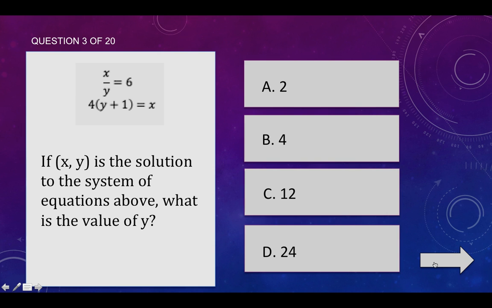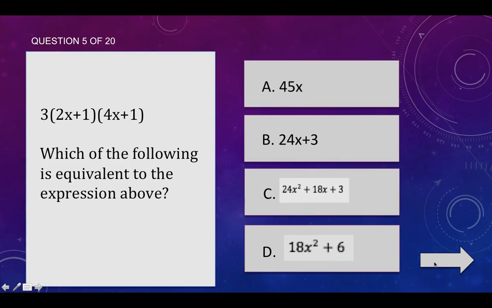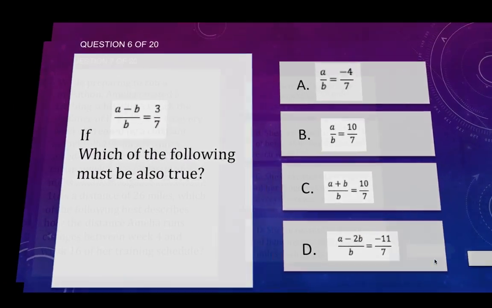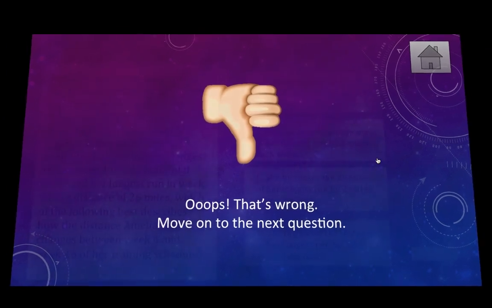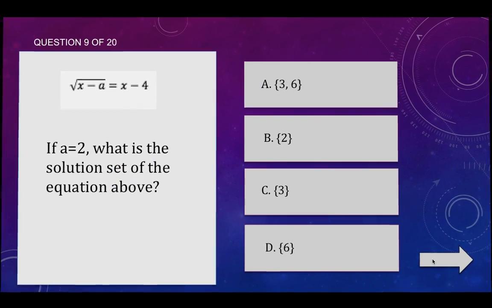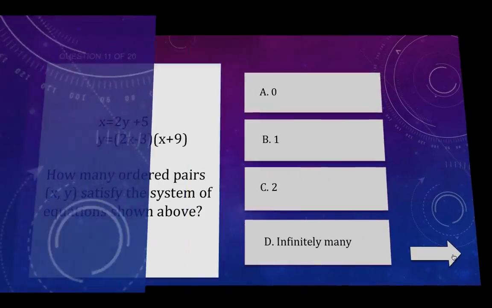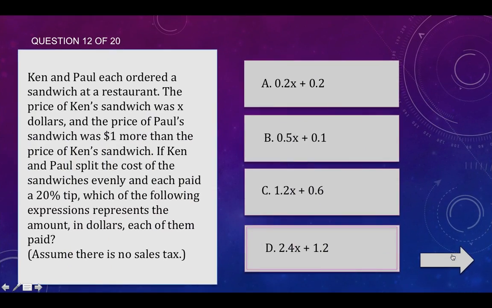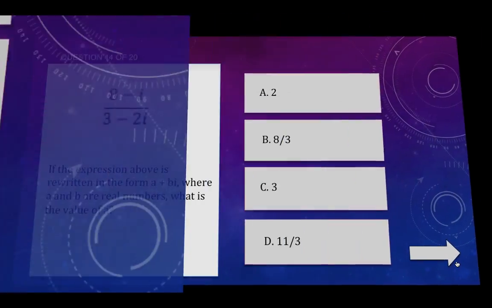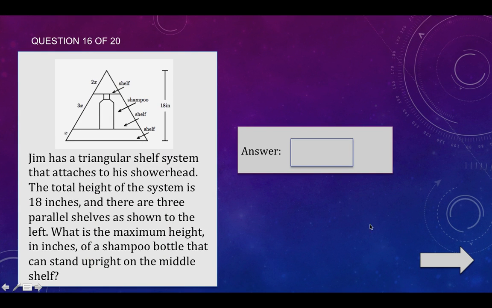I'll just quickly shuffle through the questions to give you an idea how the diagnostic test looks. And the last 5 questions will be written, where they can just write their answers in this box.